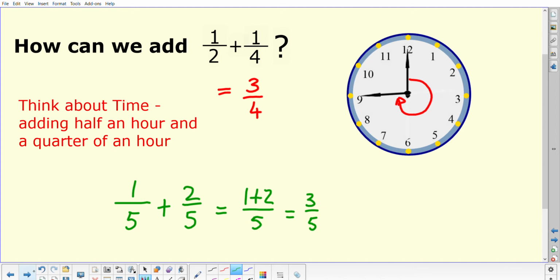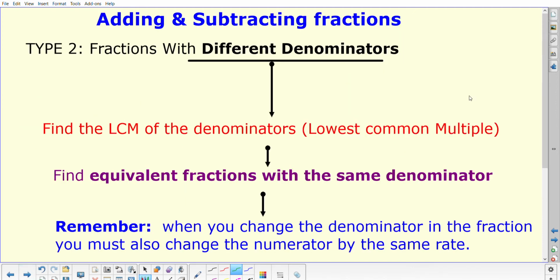So on the next page, you'll see I'm going to take you through the steps that I need you to do. If we've got fractions with different denominators, then we need to first of all find the lowest common multiple of those denominators, and then we will find equivalent fractions using that denominator.